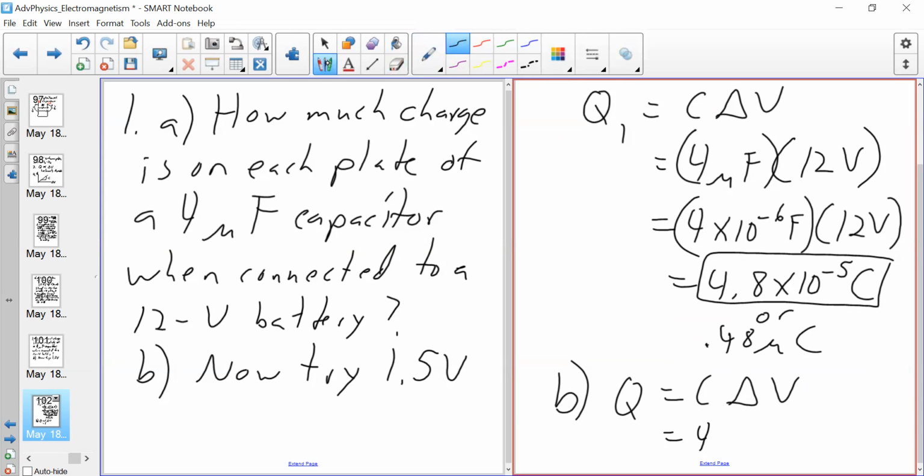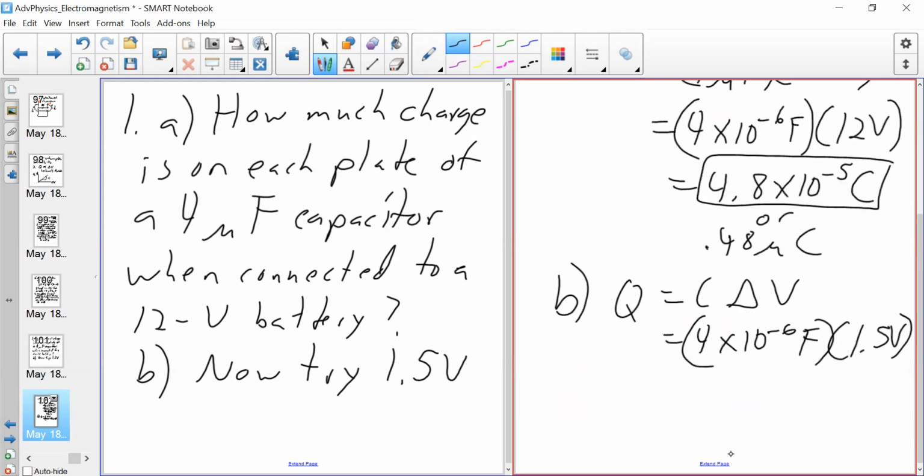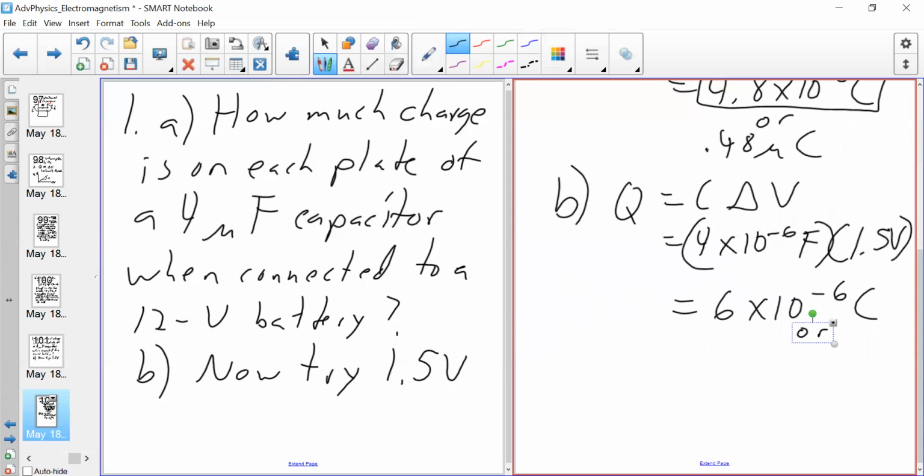Same capacitor, 4 times 10 to the minus 6 farads, multiplied by 1.5 volts, and then we get 6 times 10 to the minus 6 coulombs, or 6 microcoulombs, whatever your choice.